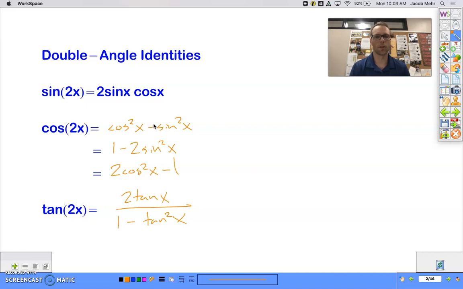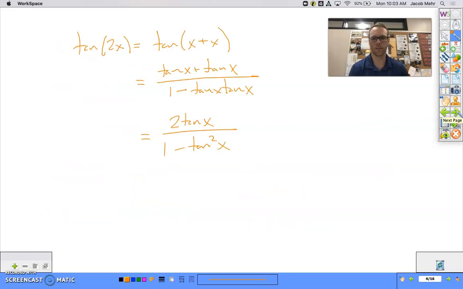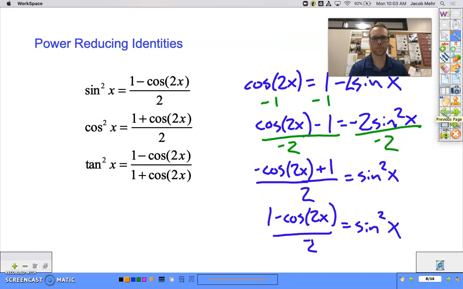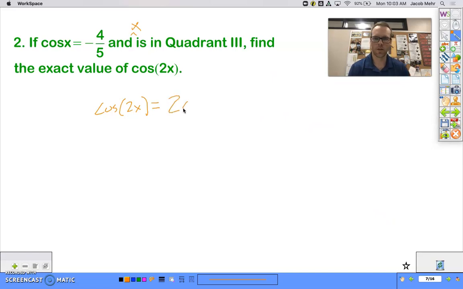Now because we know what the cosine of x is, I'm going to choose this one that only has cosine in it. This has cosine and sine. This has sine. This has something that we already know. This is 2 cosine squared of x minus 1. Now, I'm going to remind you that the cosine squared really means this.